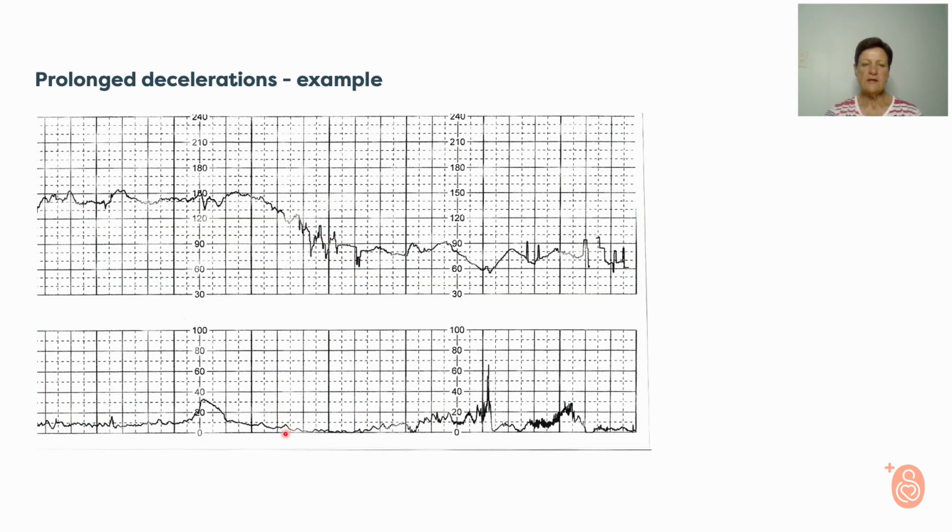And here's a typical example of this long deceleration. You see here was already a little bit of a decrease in variability, and then we had a normal fetal heart rate that decelerates to below 90 beats per minute, and it stayed there.